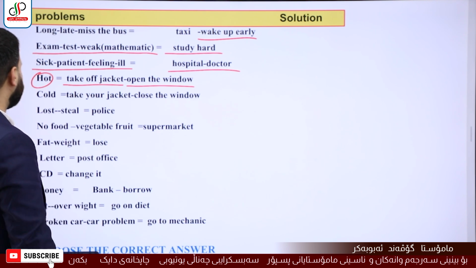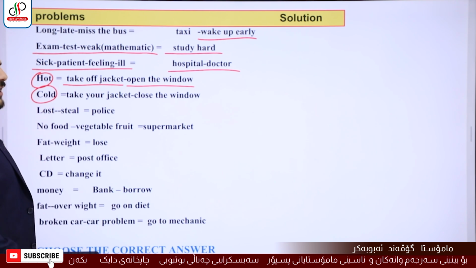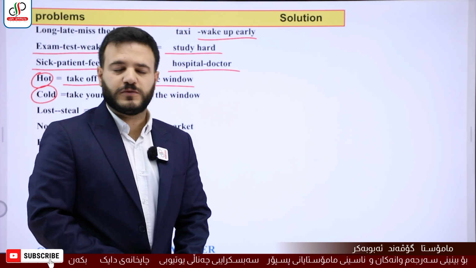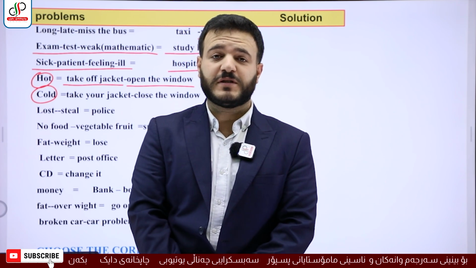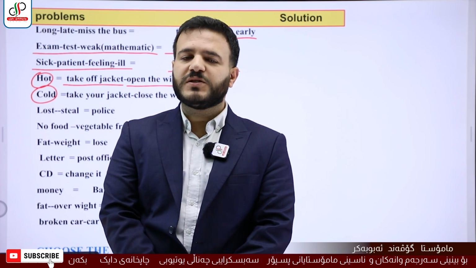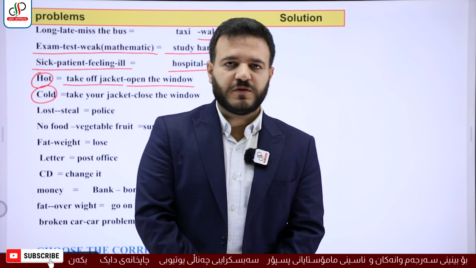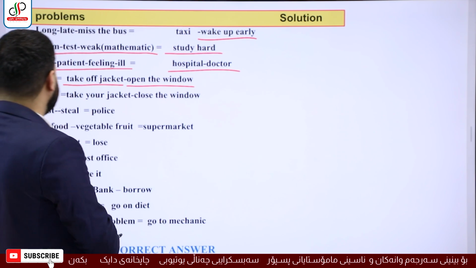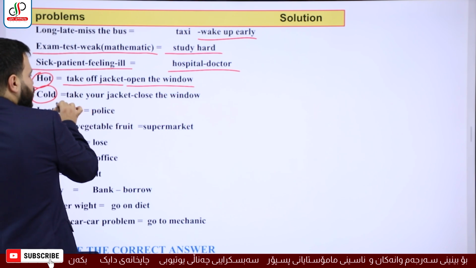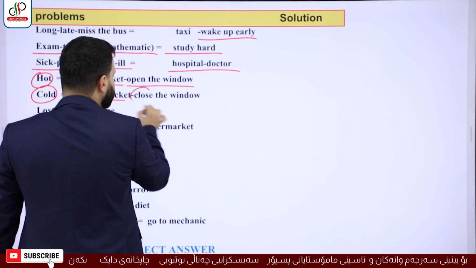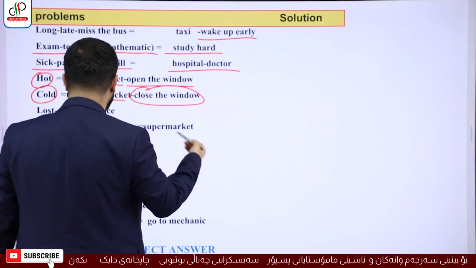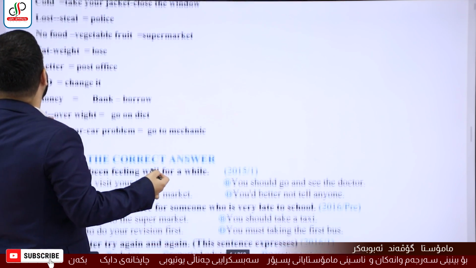This is for advice. And how about cold? If your friend, your sister, or your brother says, this room is really cold, what's your advice? You have to say, put on your jacket, or you can say close the window. Close the window because it's really cold.